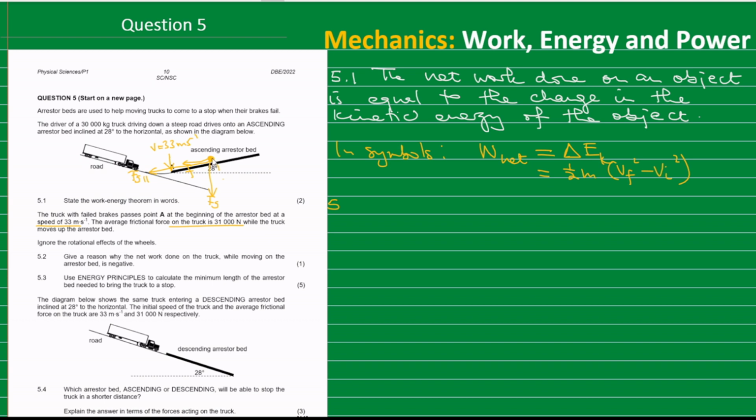So now we are trying to give a reason why the work done is negative. You find that the gravitational force and the frictional force are all acting opposite the displacement. You know that any force that is acting opposite the displacement will give us a negative work.